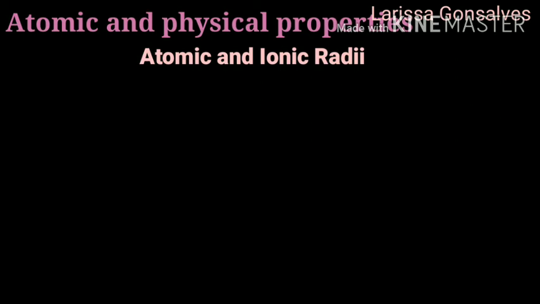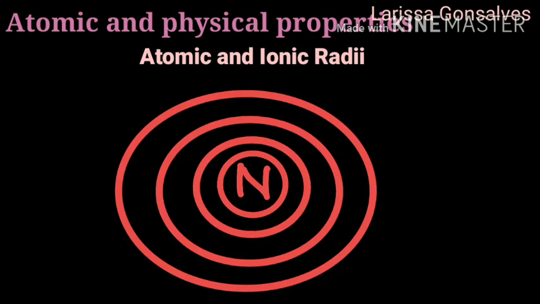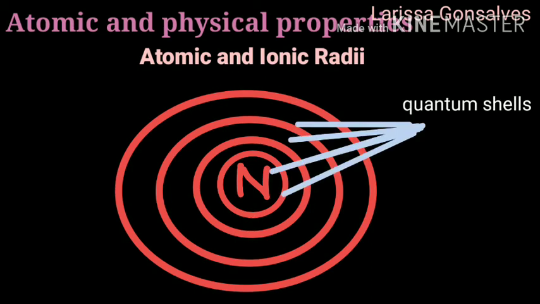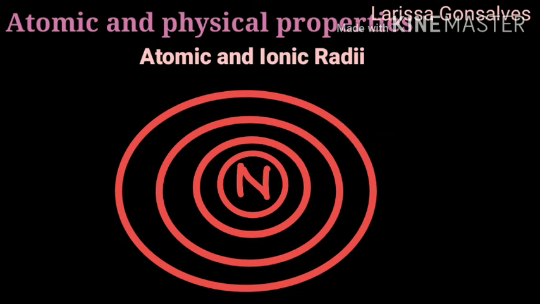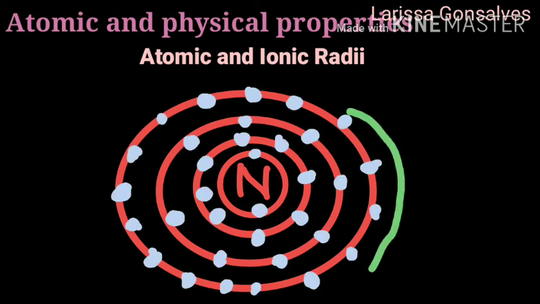What does this mean? Now we know nucleus is in the center, then you have the quantum shells. Now each quantum shell is going to have its respective electrons present in it. More the quantum shells, less will be the nuclear charge trying to attract the electrons which are present in the last valence shell.